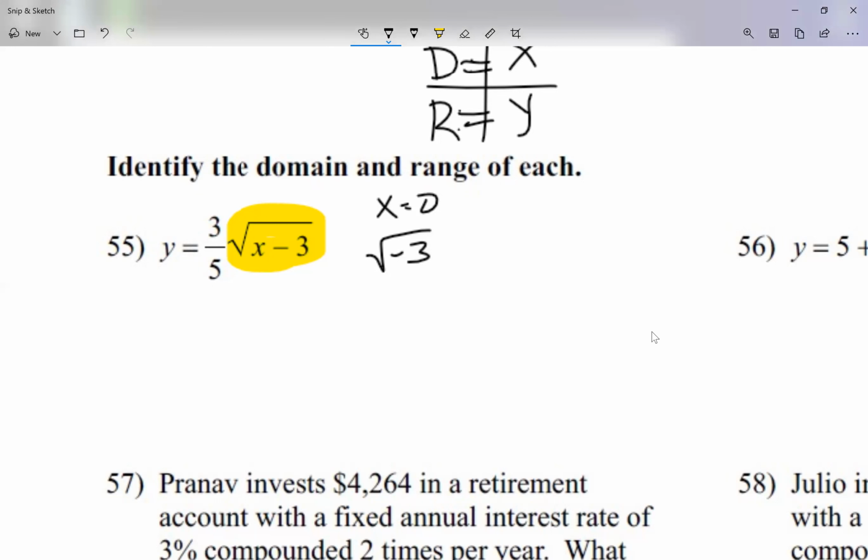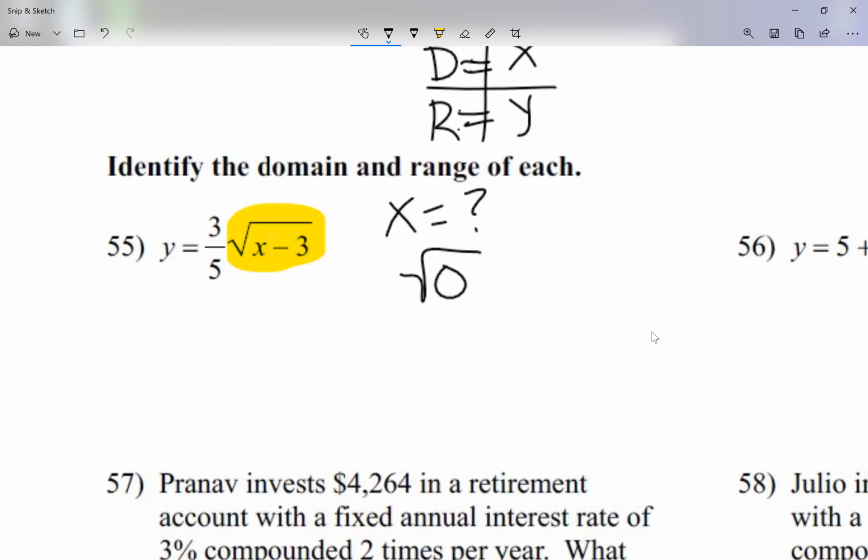What can we choose? So my focus here is, well, my square root, I can deal with X when the square root is 0 or when the square root is positive. Now, what value of X will make X minus 3 equal to 0? Remember, I'm looking at what's the value of X. I'm going to write X is equal to, because I want the square root to equal 0.